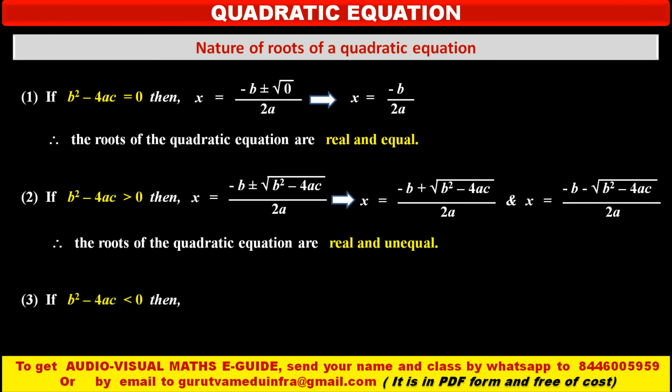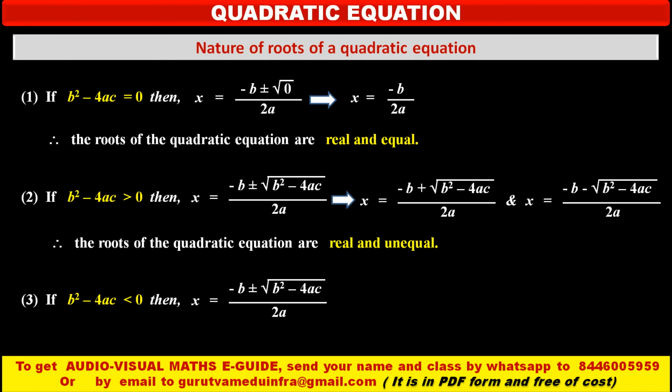Now third case, if b square minus 4ac is less than 0, then in this quadratic formula x is equal to minus b plus minus under square root b square minus 4ac upon 2a. In this formula, at the place of the second term, if you put its value, which will be negative because b square minus 4ac is less than 0, that means under the square root we will get a negative number.